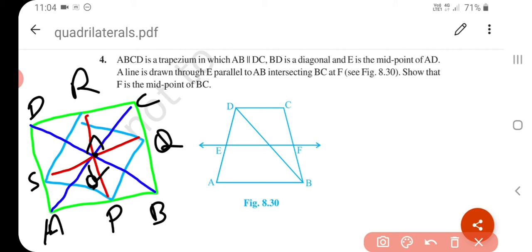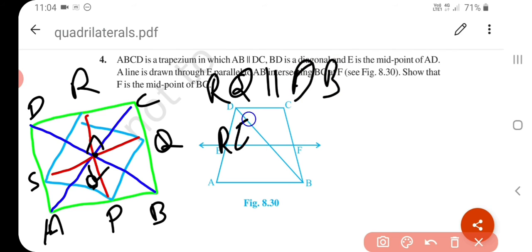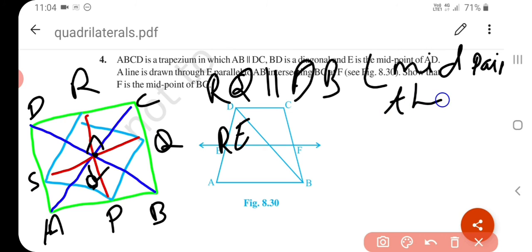So RQ is parallel to DB, and RE is parallel to OF, by the midpoint theorem. Understand?